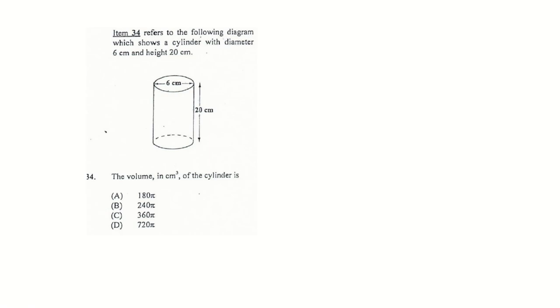This one here, we did this question, it's a repeated question. The answer is A. It would be 3 squared multiplied by pi multiplied by 20, which is 9 multiplied by pi multiplied by 20, which is 180 pi.